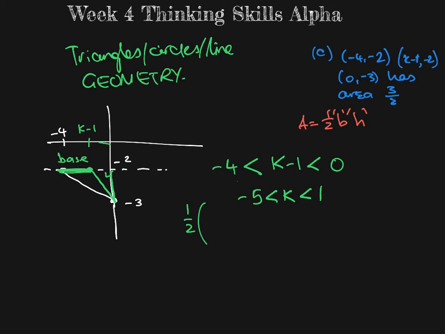So all the way from here to here is 4, but I want to take away this distance here. Now this distance here, don't forget, k minus 1 is a negative number. So if I just write k minus 1, I'll be taking away a negative, so I'll actually be adding. So what I need to do is take away the negative version of k minus 1.